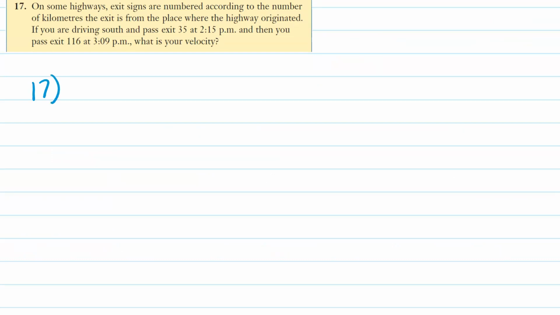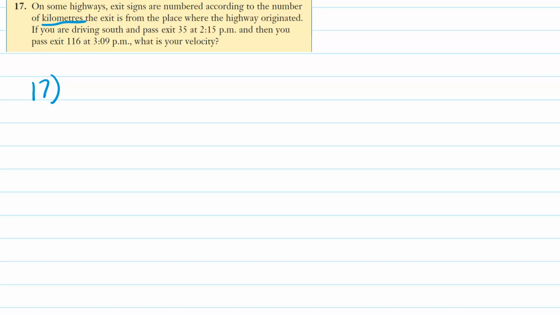On some highways, exit signs are numbered according to the number of kilometers the exit is from the place where the highway originated. If you are driving south and pass exit 35 at 2:15, then you pass exit 116 at 3:09, what is your velocity? So it's saying, again, the number on those exit signs is the number of kilometers from the place where the highway originated, or from the starting point.